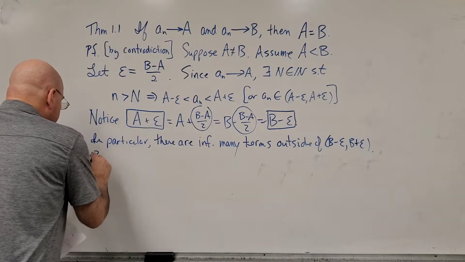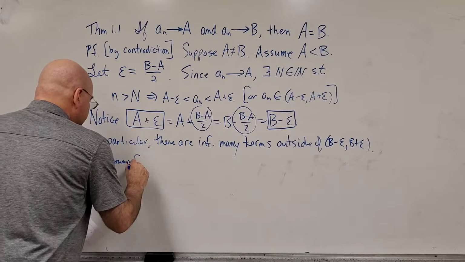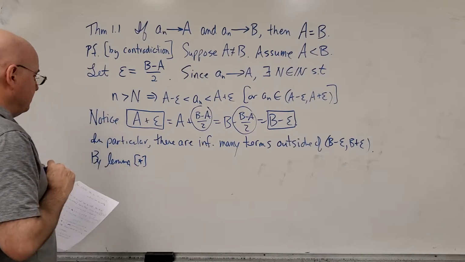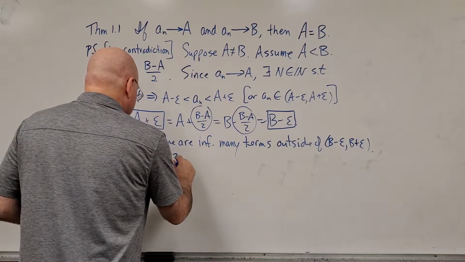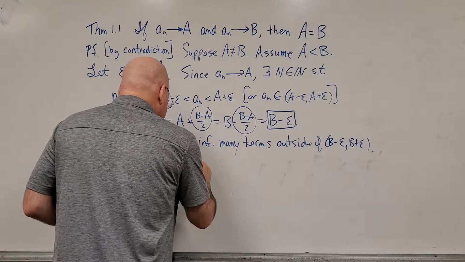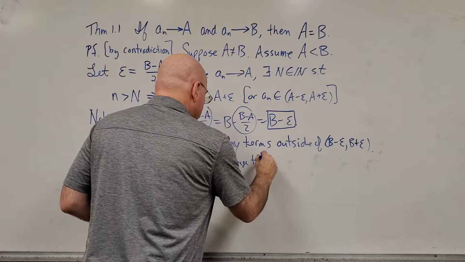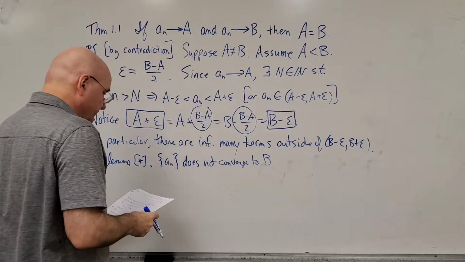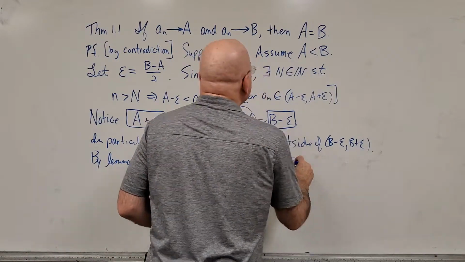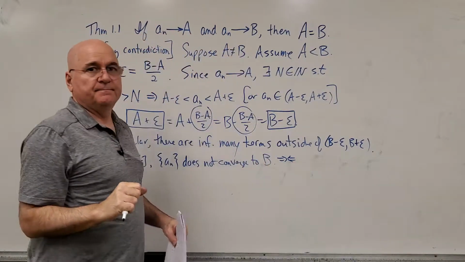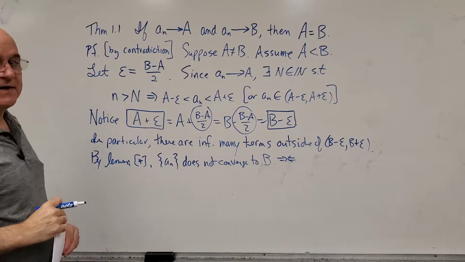By the lemma that we just talked about earlier, what did I call that? Lemma asterisk, I believe, in the previous video. a_n does not converge to B. And that is a contradiction because a_n converges to B.